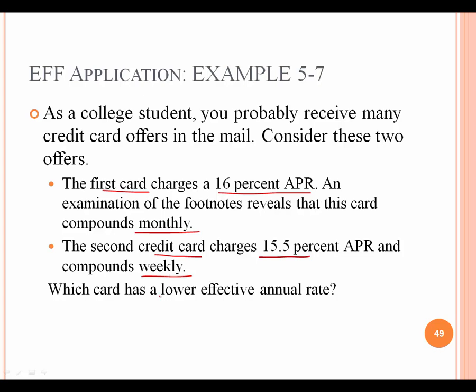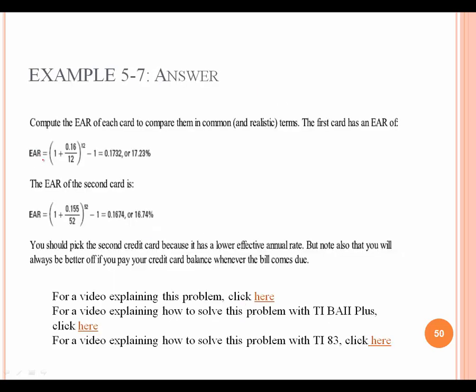For this practice question, you calculate the effective annual rate for both card offers. The first one turned out to be 17.23%. The second one turned out to be 16.74%. So you can either use the formula or use the functions in your financial calculator. Either way, you can watch the video to find out how. And I recommend you try to get the results by yourself, and then see if your results are consistent with the results provided here.